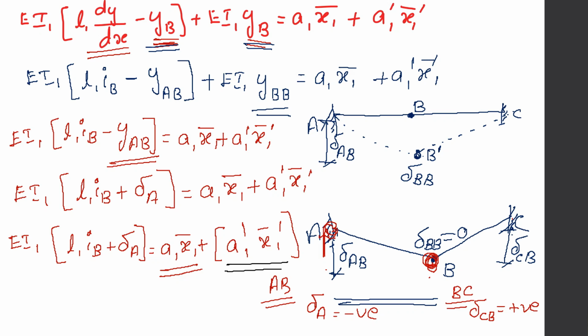So for this we will consider the bending moment diagram. So for this we will draw the bending moment diagram of the span AB. So we know the bending moment diagram of the span AB is, this is due to the simple support and this is due to fixing support.